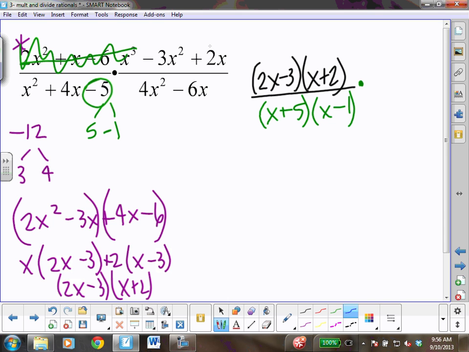Now let's look at the second fraction. Focus on the top. I only have 2 terms, so I want to think about a greatest common factor. I always want my x terms to be positive, so I'm going to factor out a negative x here. So on the inside of this fraction, I'm left with positive 3x minus 2.